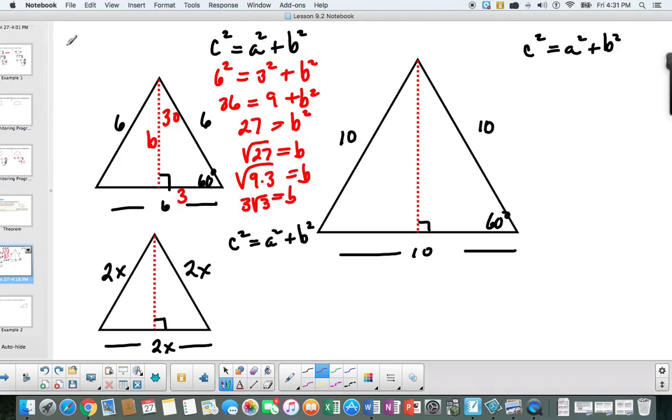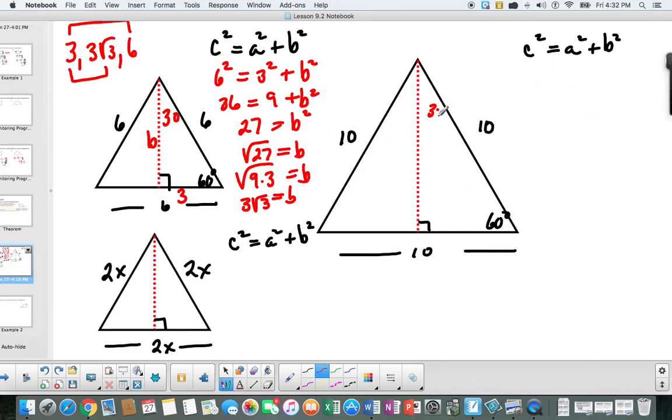So I had the short side, which is 3, the long leg is 3 root 3, and then the hypotenuse is 6. So notice this relationship between short side and hypotenuse, and notice this relationship between short side and long leg. Okay, let's do it again.